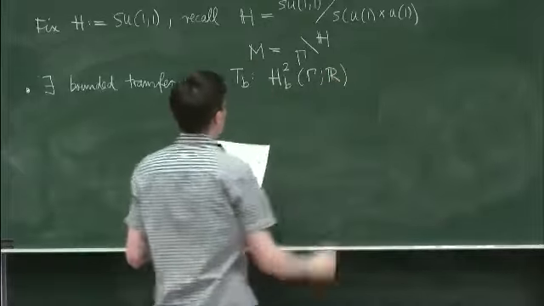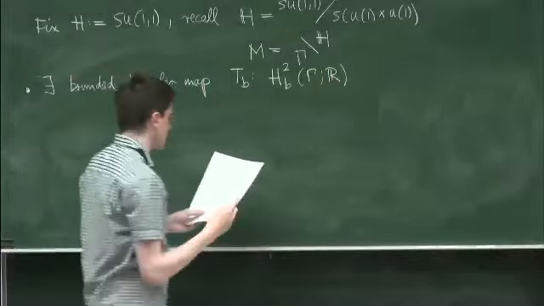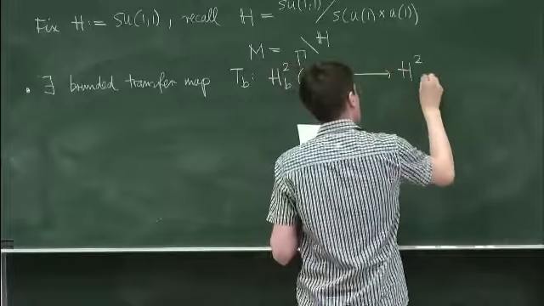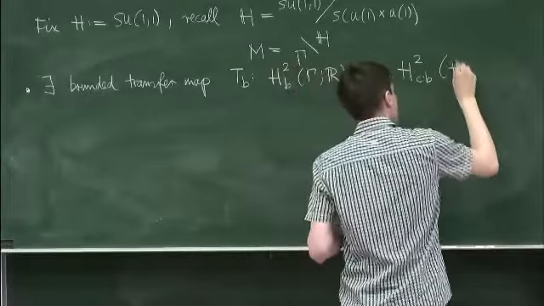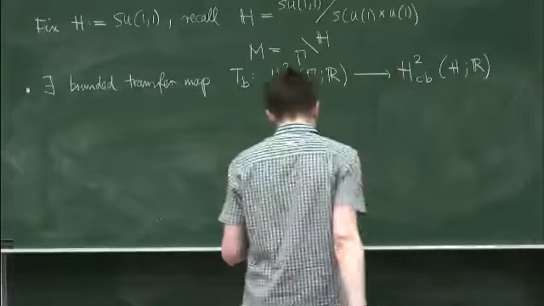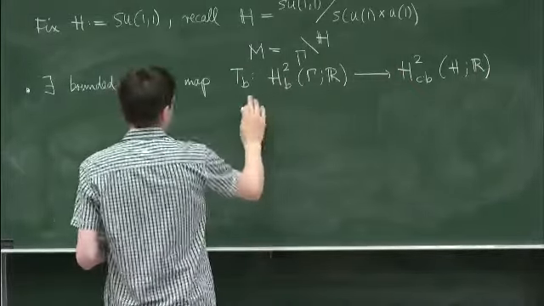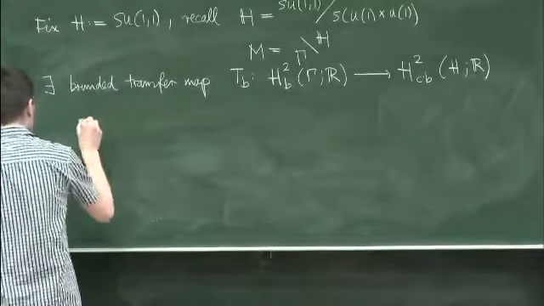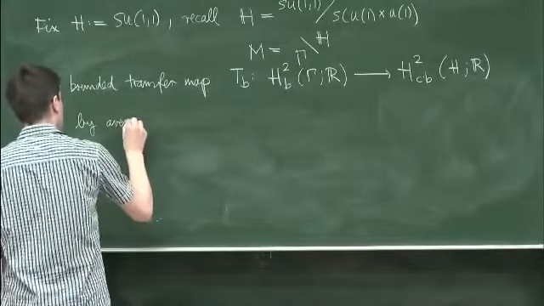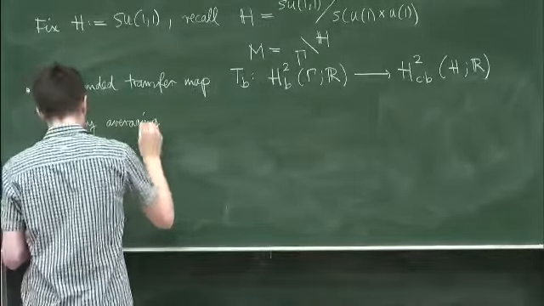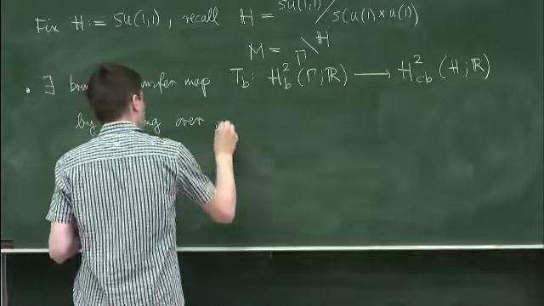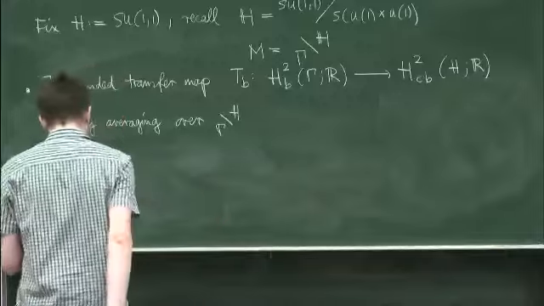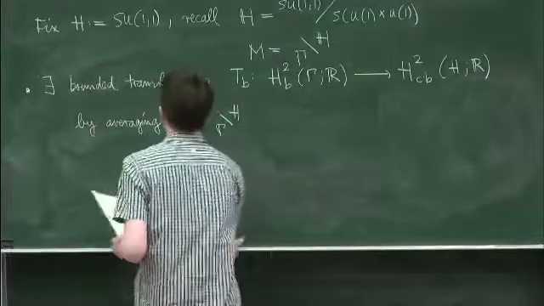So this is bounded cohomology in the original sense of Gromov, because gamma is discrete, into the second bounded cohomology of the Lie group H. And this transfer map, I can't really explain in full detail where it comes from, but roughly speaking it's defined by averaging over this quotient here. And this is possible because gamma is a lattice in H. Okay.